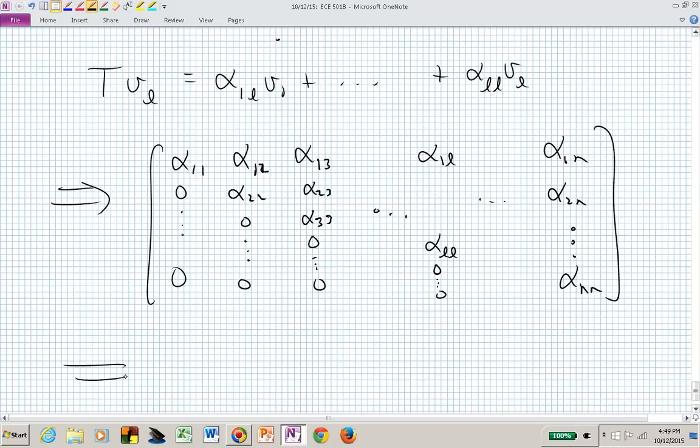And I hope you can see that that matrix representation of T is upper triangular.